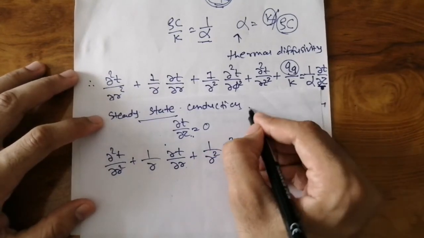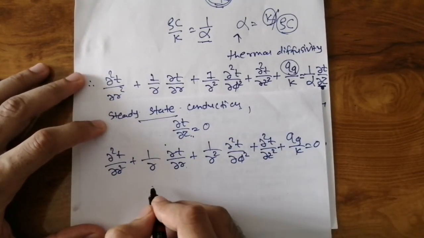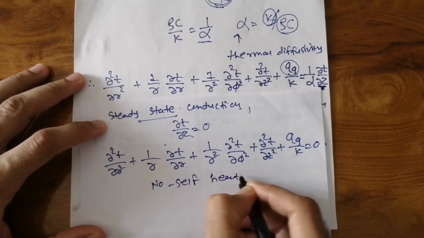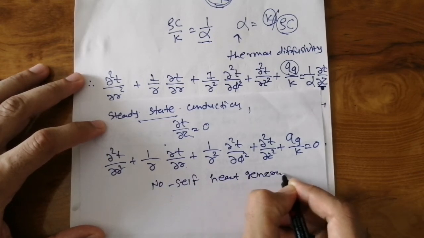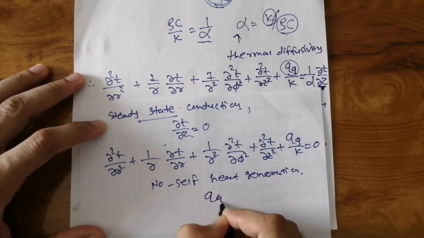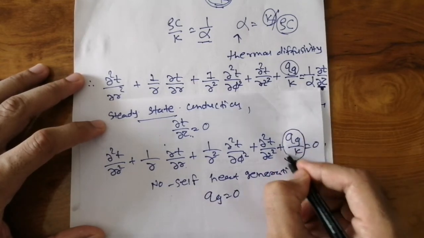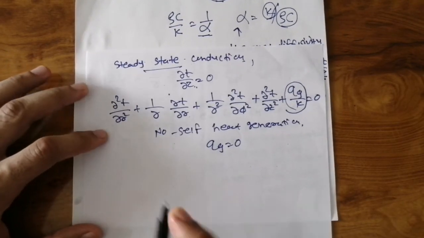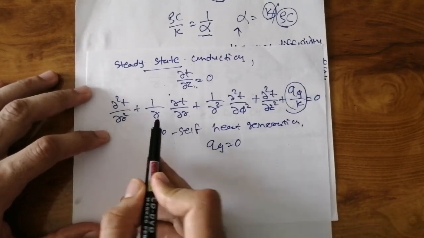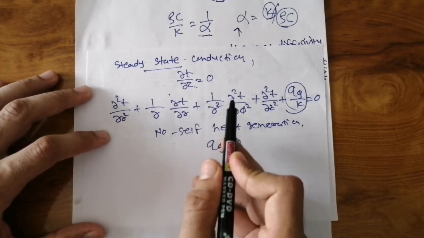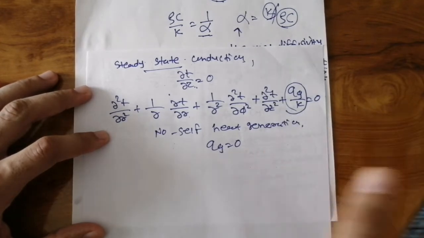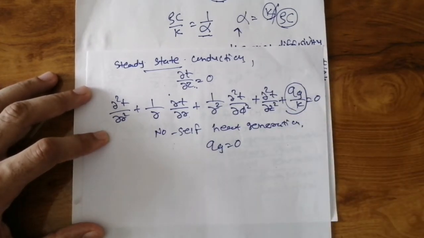Now I will introduce another condition: no self heat generation. It means Qg is equal to 0, so that term will be 0. The remaining equation will be del square T by del r square plus 1 upon r del T by del r plus 1 upon r square del square T by del phi square plus del square T by del z square is equal to 0.